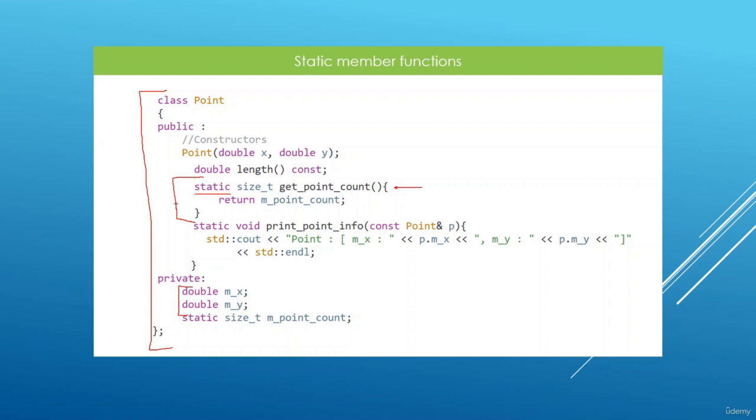It's not associated with any class object. You really need to be aware of this. If you need to modify or access the member variables inside the static member function, you will have to pass a parameter of some kind and go through the parameter name to access the member variables. We saw that this was possible.